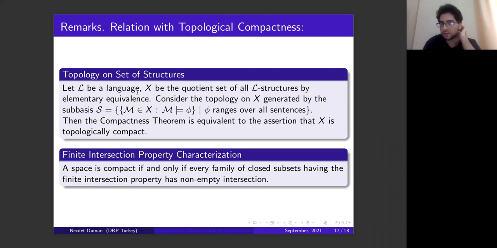There's one example of such a topological space. Let L be a language, and X be the quotient set of all L-structures by elementary equivalence. Elementary equivalence means they satisfy the same first order properties. If the topology generated by these elements as a sub-basis is compact, then the compactness theorem also holds.